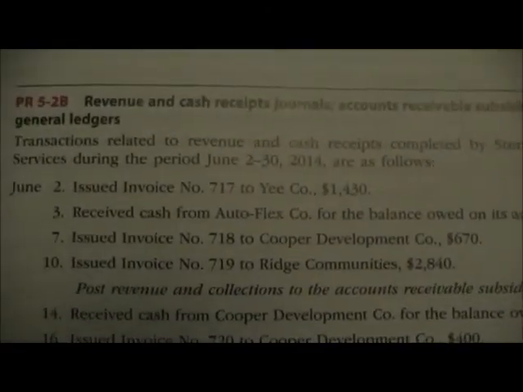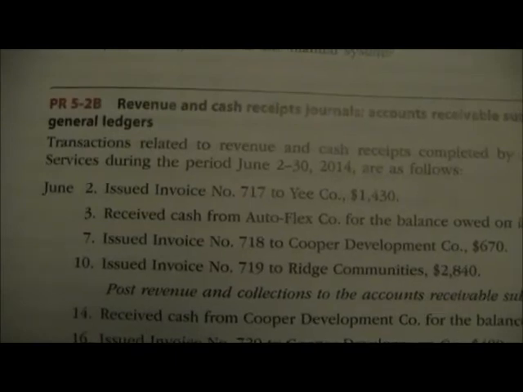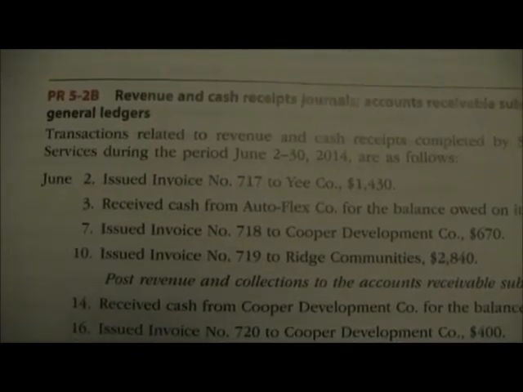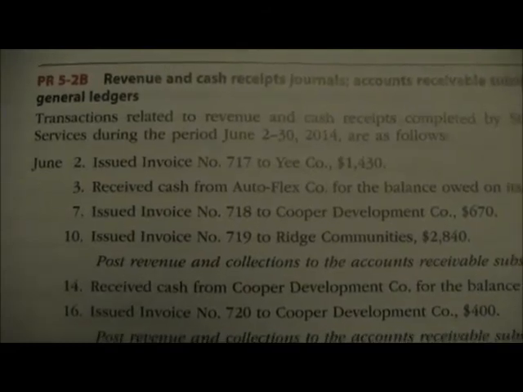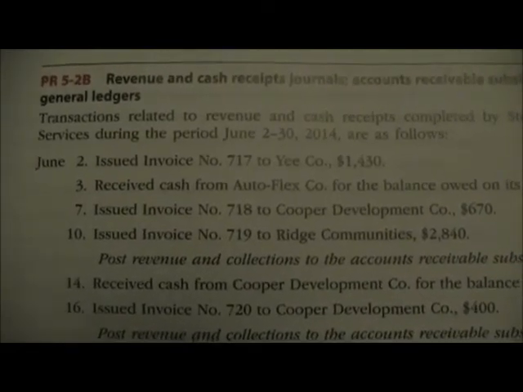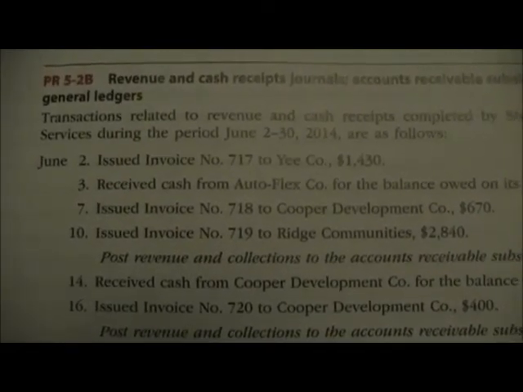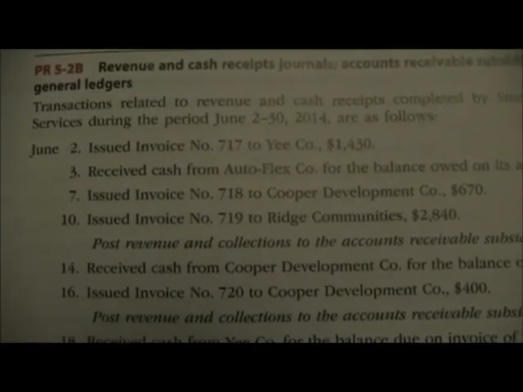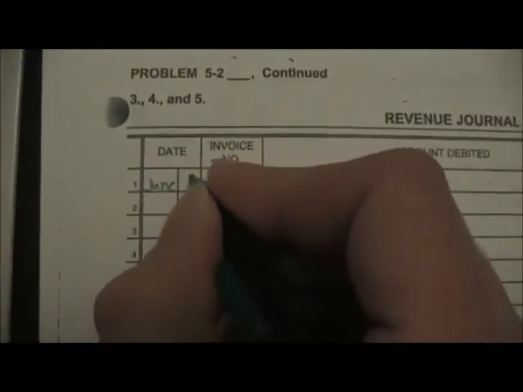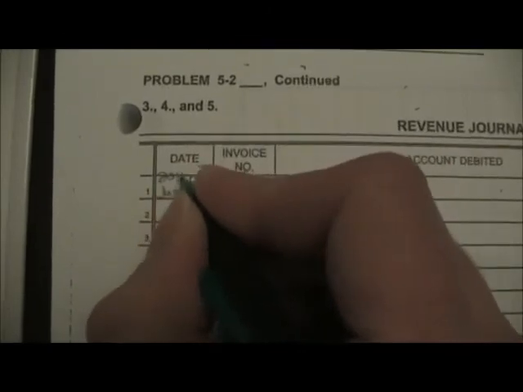Okay, our very first transaction says, June 2nd, issued invoice number 717 to Ye Company for $1,430. Issued invoice, which means we've sent them a bill for something. So this is going to go into our revenue journal. So we're going to come over here to our revenue journal and fill in our date, June 2nd, 2014.